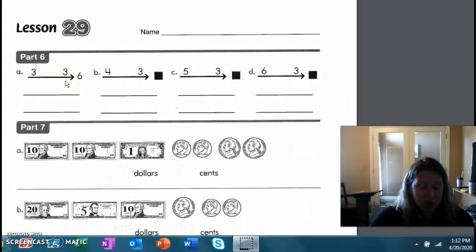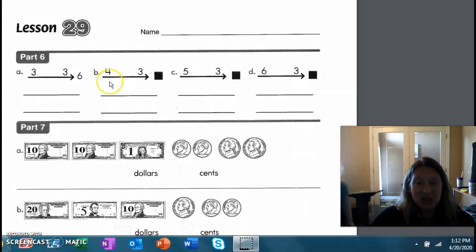First, you're going to write down the addition sentence that goes forward on the arrow. So what is the addition sentence? 3 plus 3 equals 6, right? And then what is the subtraction sentence that would go back on the arrow? 6 minus 3 equals 3. Good. Touch B.